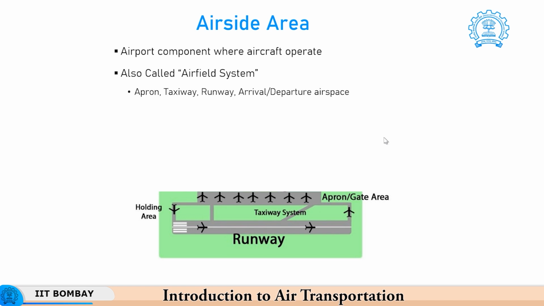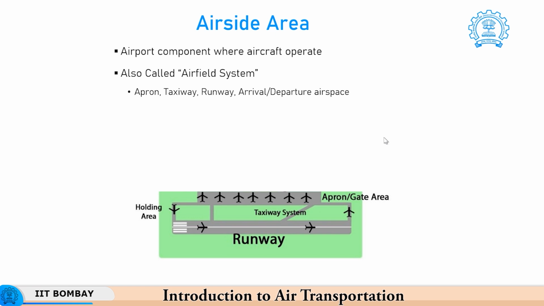So, the airside area is also called as the airfield system or airfield subsystem. It consists of aprons, taxiways, runways and the arrival and departure airspace.